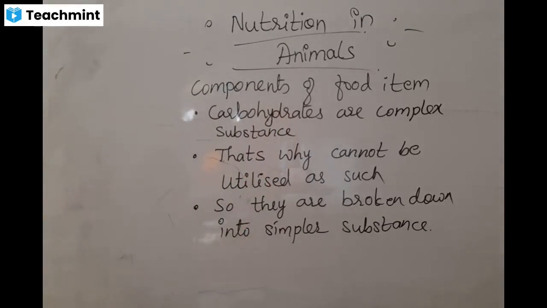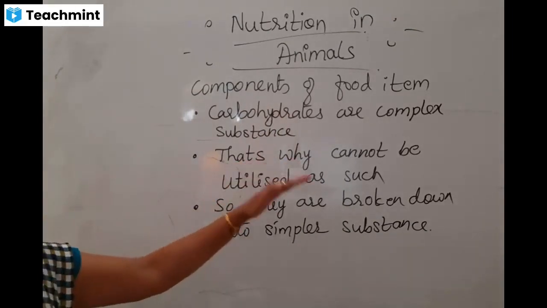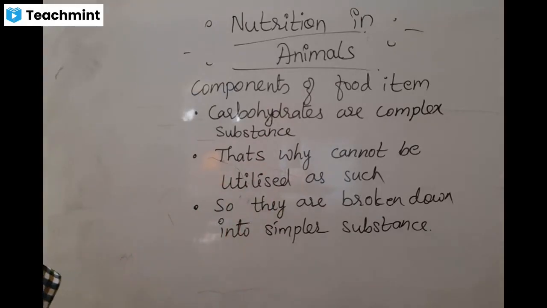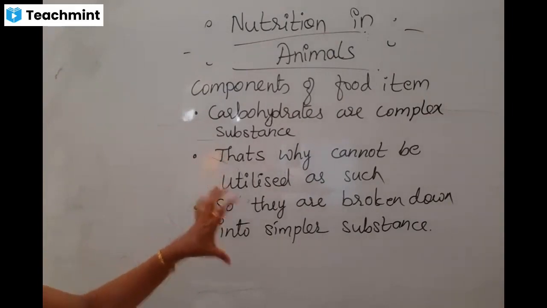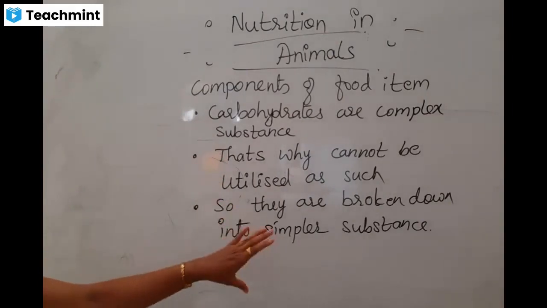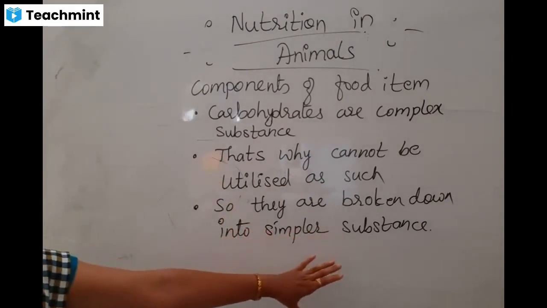So what is going to happen? They are going to break down. How? The food we are eating is broken down with the help of our saliva juice and other things, to get simpler substances.